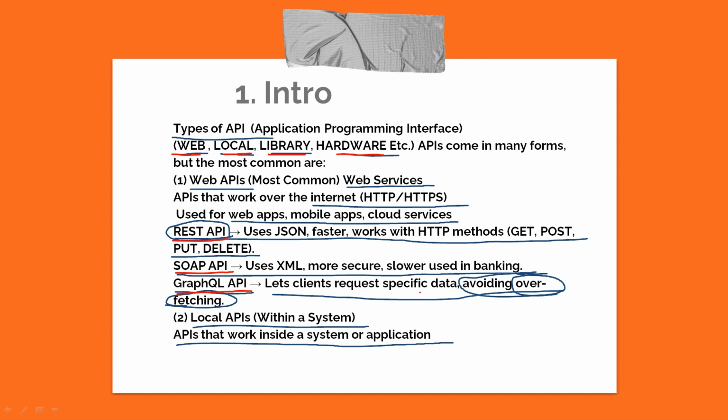It lets the client request specific data only, so it avoids overfetching. The problem with REST API is many times it is overfetching or underfetching. And REST API is using JSON, so it is very fast and it works with HTTP methods GET, POST, PUT, DELETE. There are local APIs within the system, which work inside a system.